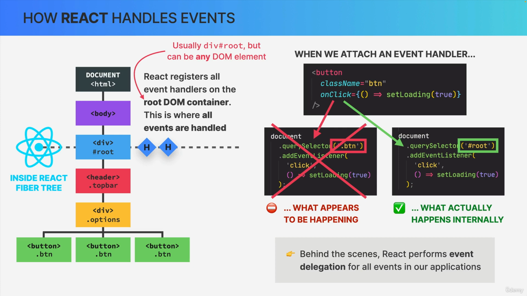So again, whenever a click happens on the button, a new event object is fired off, which will then travel down the DOM tree until it reaches the target element. From there, the event will bubble back up. Then, as soon as the event reaches the root container where React registered all our handlers, the event will actually finally get handled according to whatever handlers match the event and the target element.